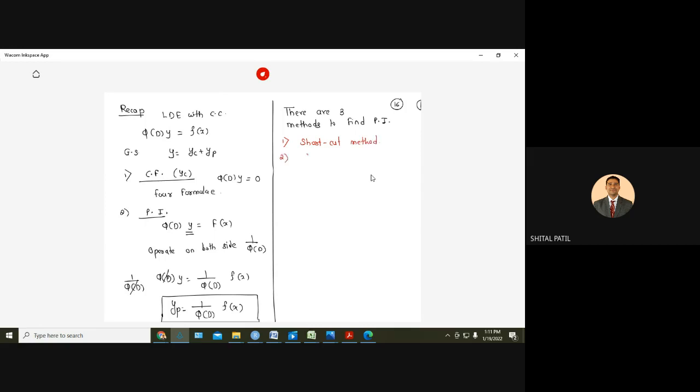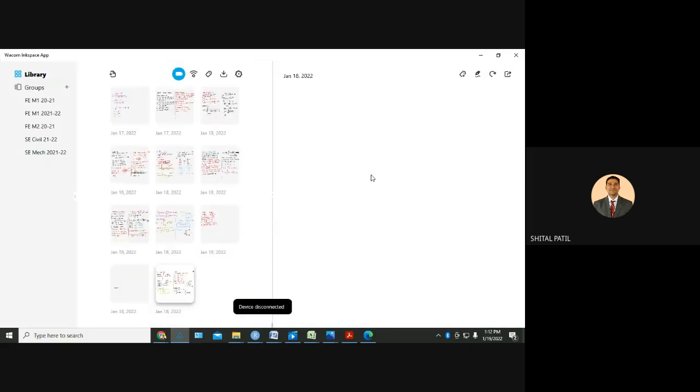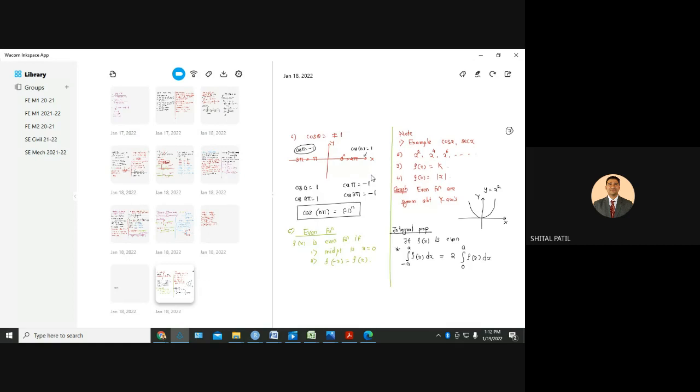Second, general method. And third, method of variation of parameters. Method of variation of parameters.